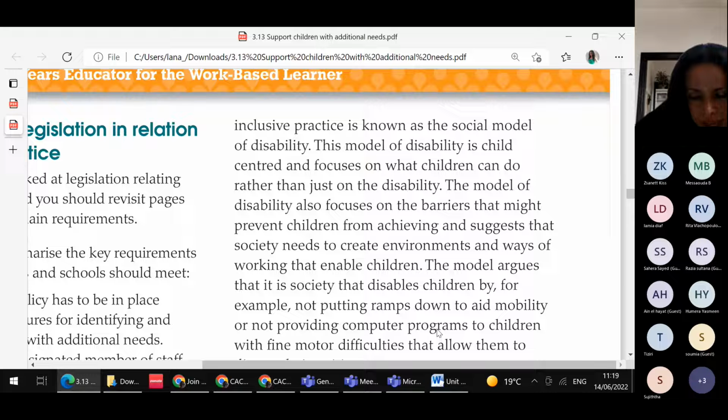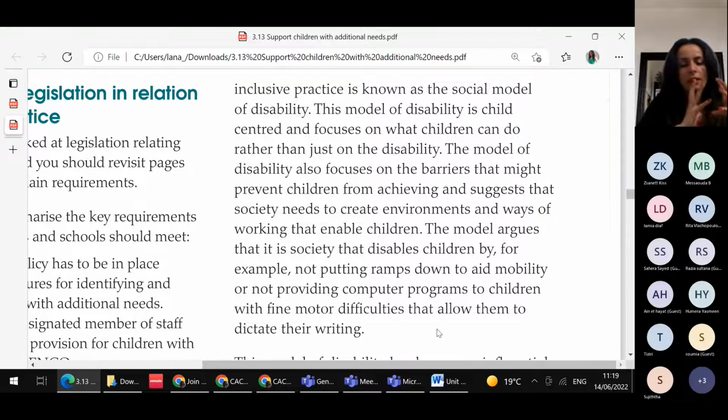So this model argues that society creates these barriers to stop the disabled child from achieving what they want to achieve. So, for example, if we don't put a ramp in the nursery for wheelchair-bound children to access the nursery, we are preventing this child from being part of this nursery.